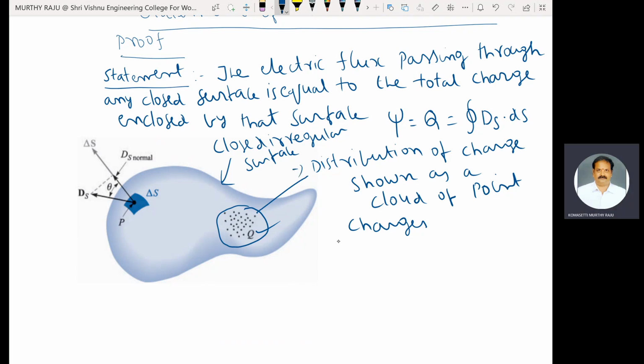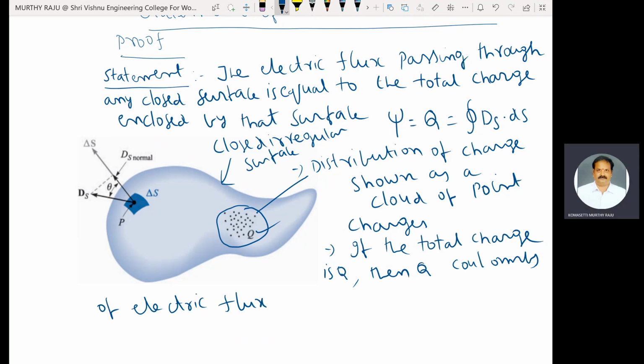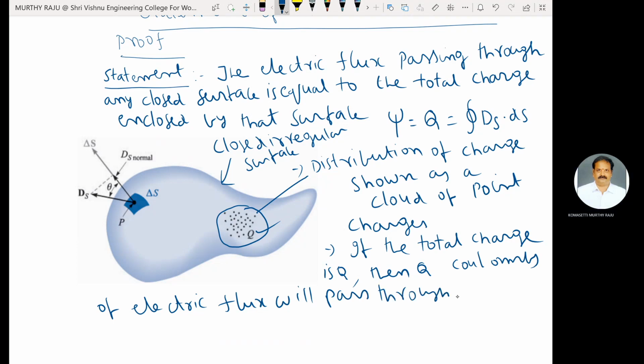Next point here is, if the total charge is Q, then Q coulombs of electric flux will pass through the enclosing surface.